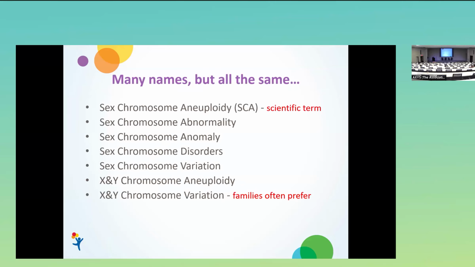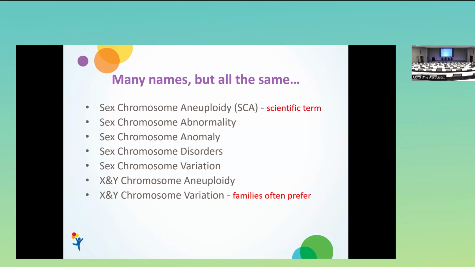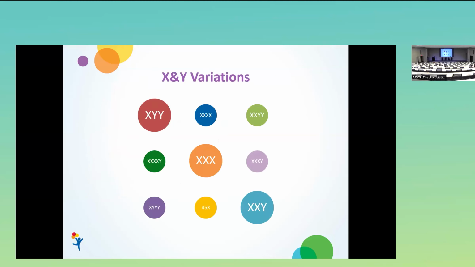But we also see terms of abnormality, anomaly, disorder, and variation. Then there is the X and Y chromosome description. So we can see X and Y chromosome aneuploidy, and then families often prefer X and Y chromosome variations, which we'll try to embed throughout today's talk as well.